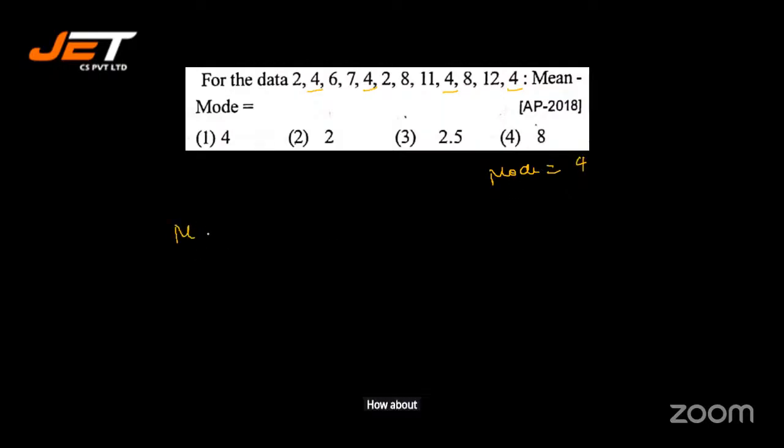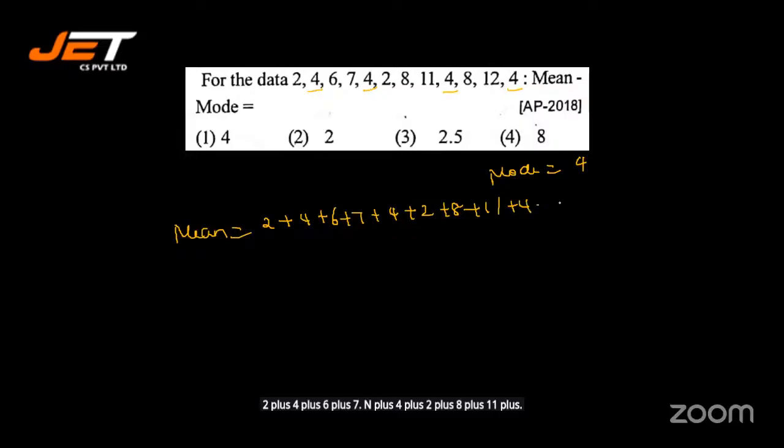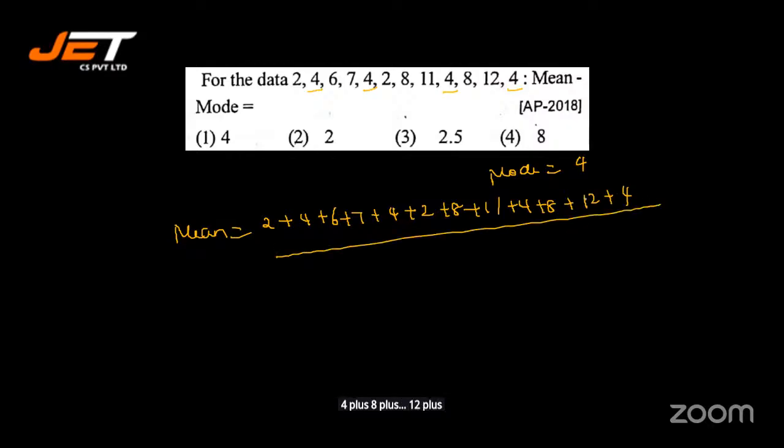How about your mean? Your mean is 2 plus 4 plus 6 plus 7 plus 4 plus 2 plus 8 plus 11 plus 4 plus 8 plus 12 plus 4 divided by 12. 12 numbers are there.